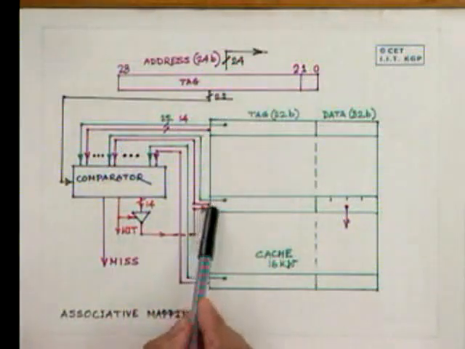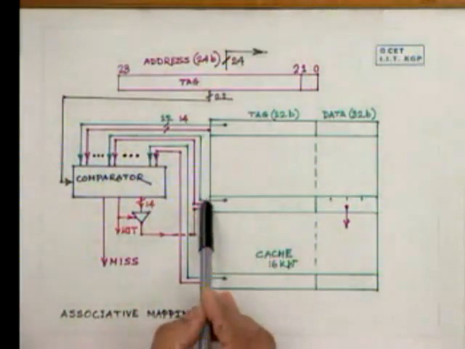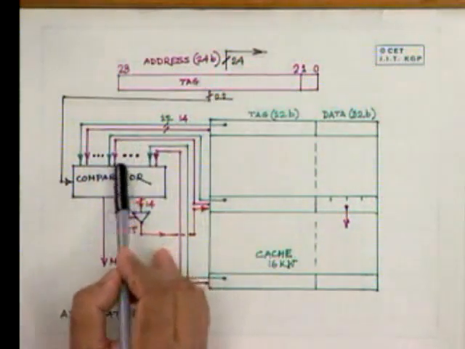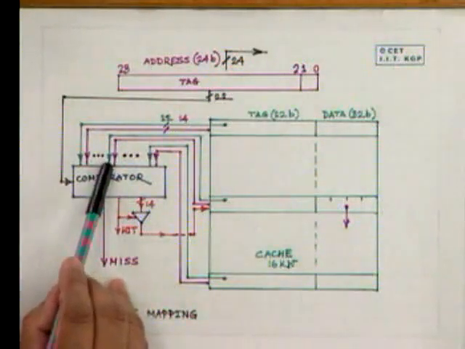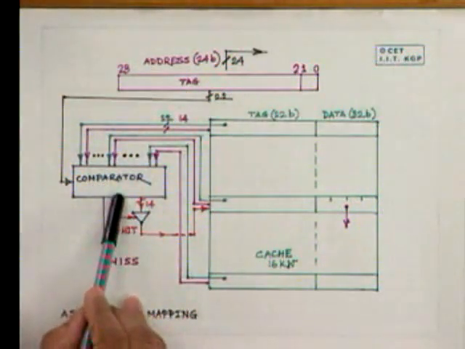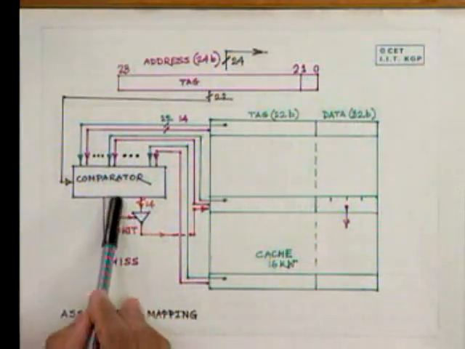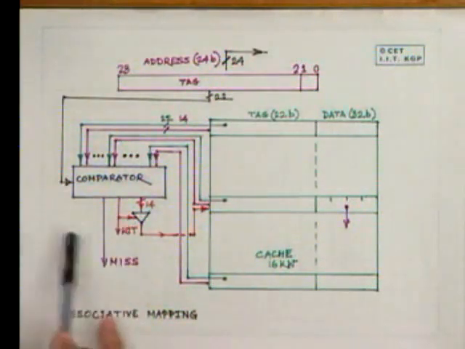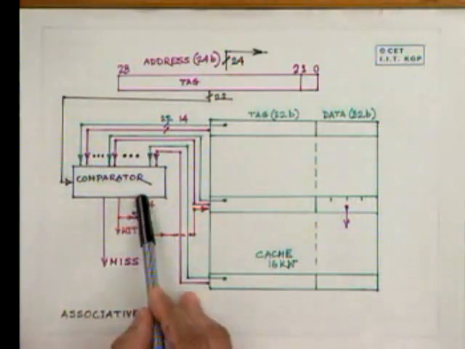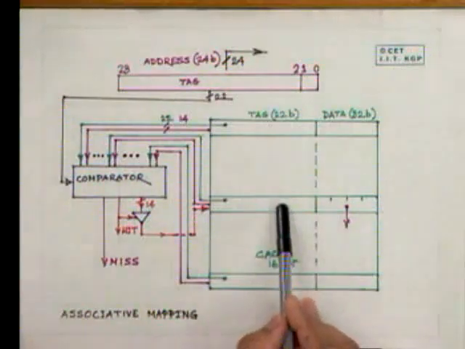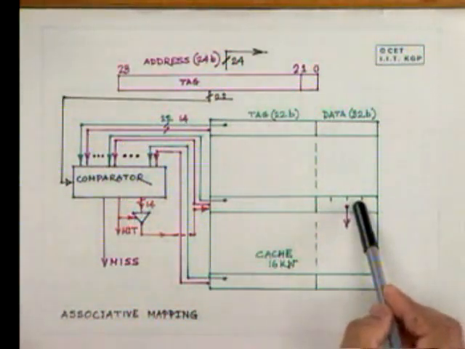To decide that, naturally the address portion of all these lines of the cache should also come into that comparator, and the line whose tag field matches the tag field of the address is outputted here along with the hit flag being high. That address is now used to take the content of that particular line of the cache memory.